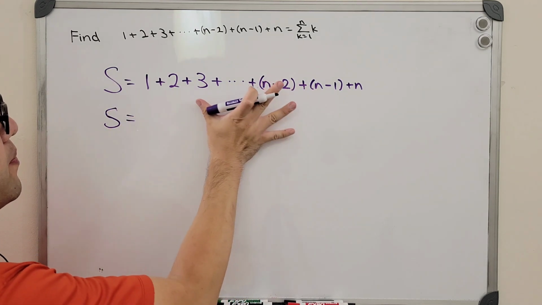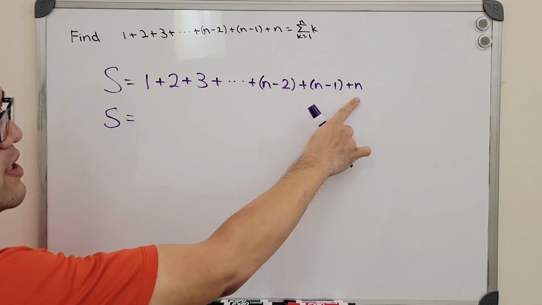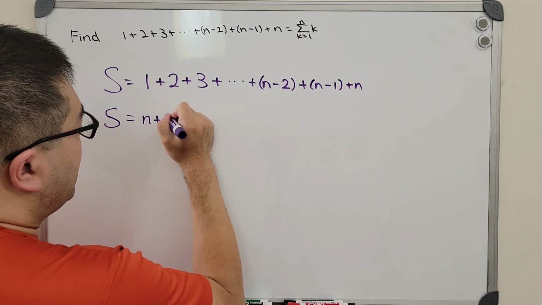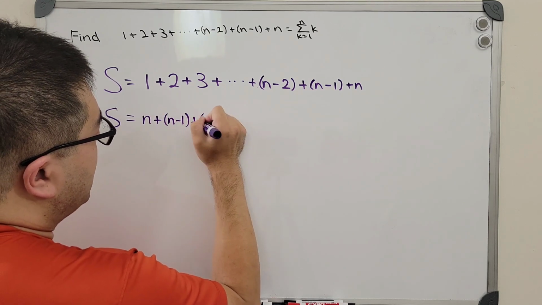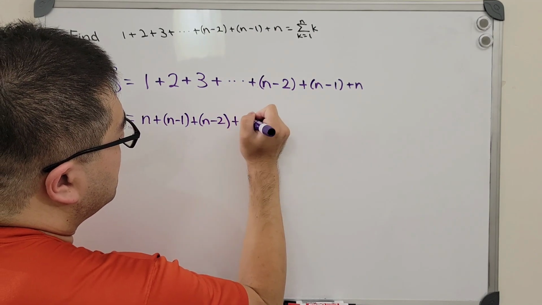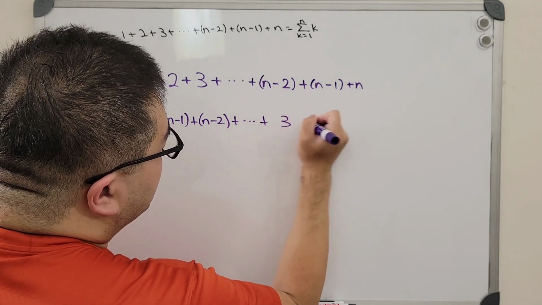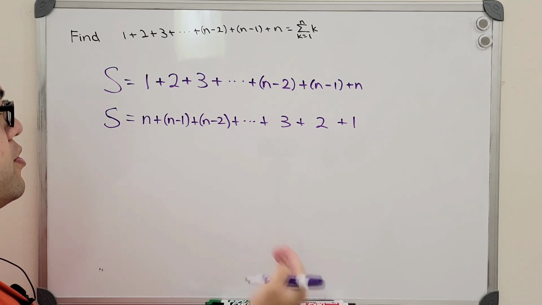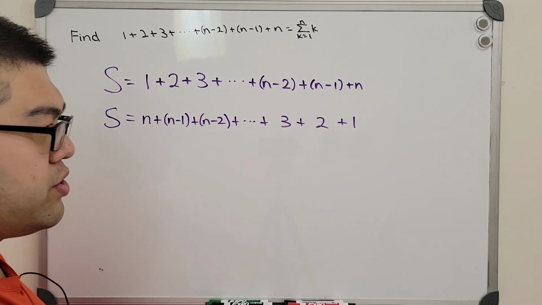We're going to flip the order of the right-hand side such that we get n plus n minus 1 plus n minus 2 plus all the way down to 1. In other words, we're going to rewrite in a decreasing order instead of an increasing order.